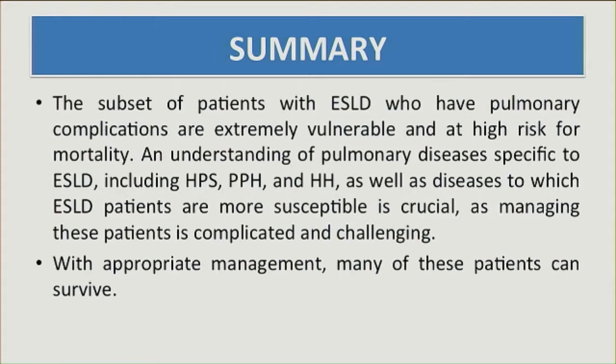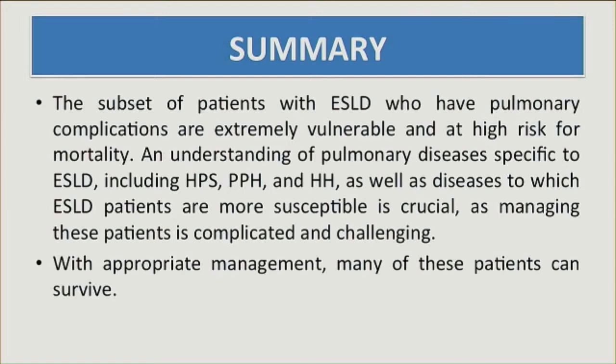In summary, in patients with end-stage liver disease, there are many kinds of lung abnormality. The most important abnormality in my experience is hepatic hydrothorax. After that, the pneumonia, and after that, the atelectasis due to compression of the fluid.